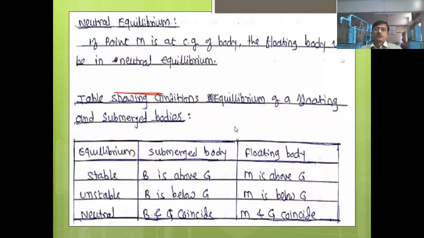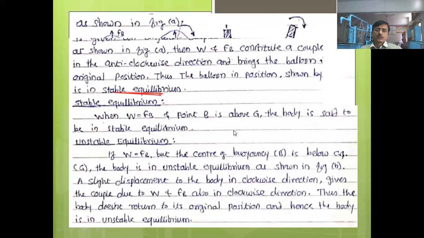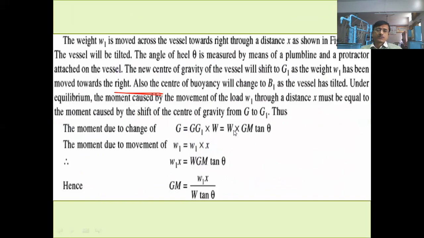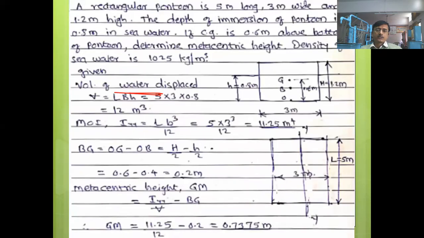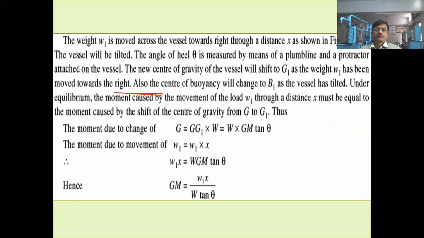Now let us solve some more problems here. In the earlier problem which you solved, the previous problem, it was a simple type of problem where it was not asked to find whether the body is in stable or unstable equilibrium. Just the metacentric height was asked, and we found it.